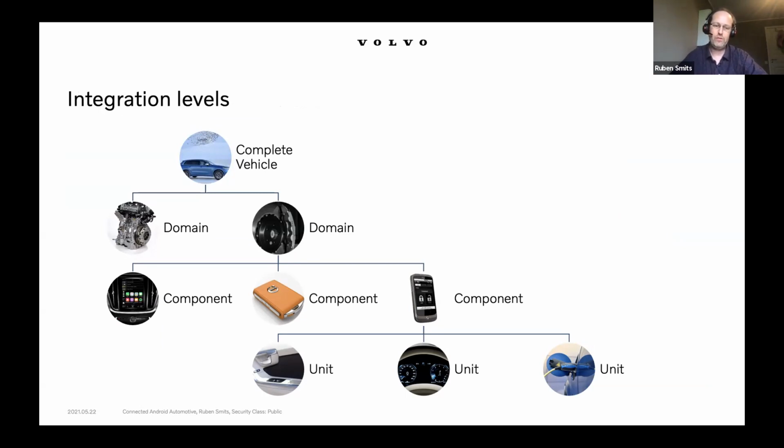At Volvo Cars, we use roughly 7 domains. Think about the engine domain, the infotainment domain, and we have a few other domains as well. And then the domains come together in a complete vehicle. This can be a complete electrical system, but it can also be a complete car, depending on the testing needs.